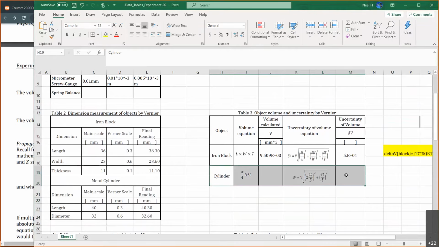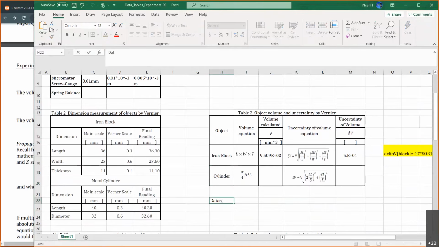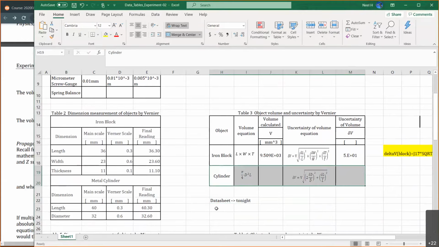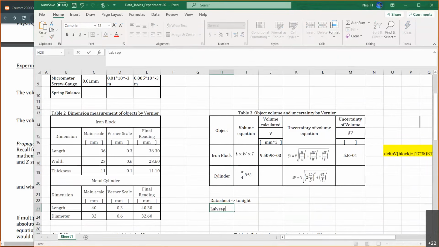Okay. I skip this part. Anything I skip during this time, it is not required for the lab data sheet purposes. There are two different things you're submitting. Lab data sheet must be submitted by tonight, midnight, okay? When you do that, you can skip that. But when you do the lab report next week, everything must be completed.